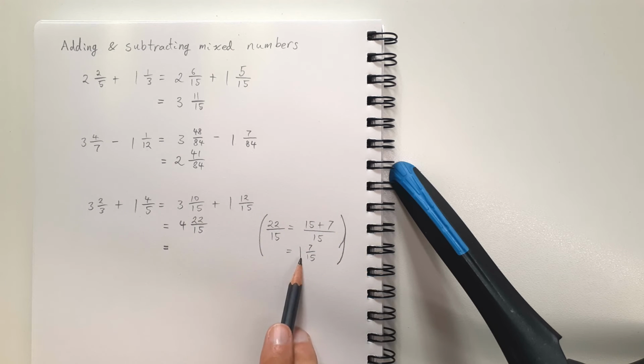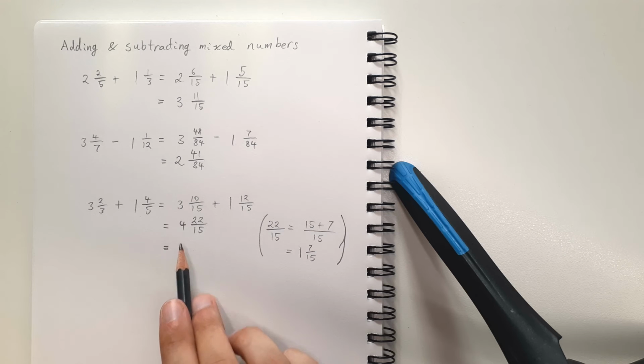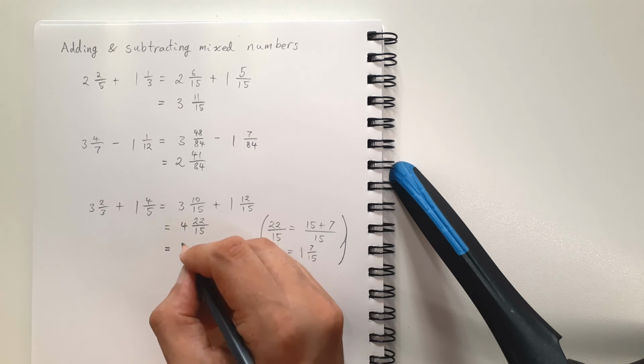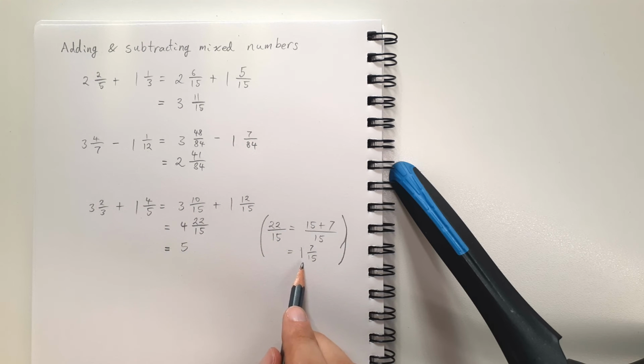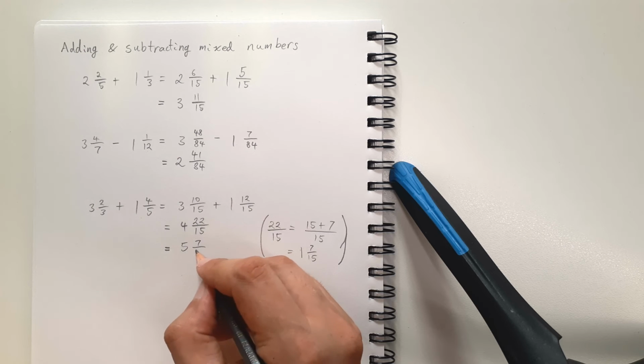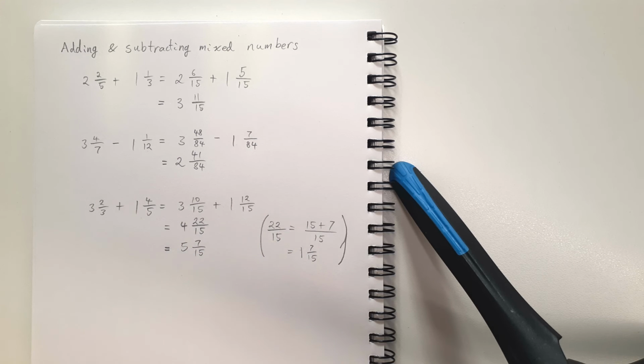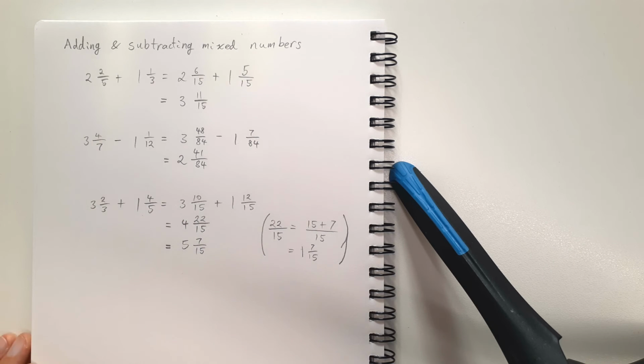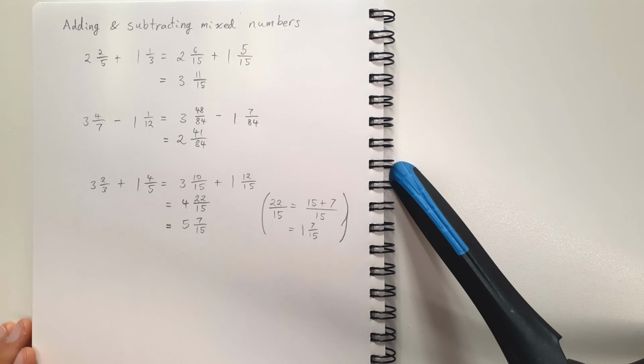I need to carry that, so convert this into a mixed number. It's 1 and 7/15, and then carry that extra whole in, okay? So this mixed number is the same as 5 from the extra whole and 7/15. Awesome.